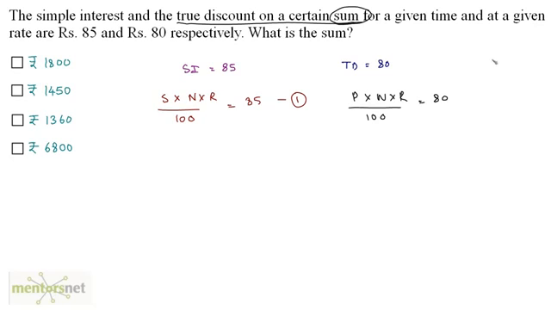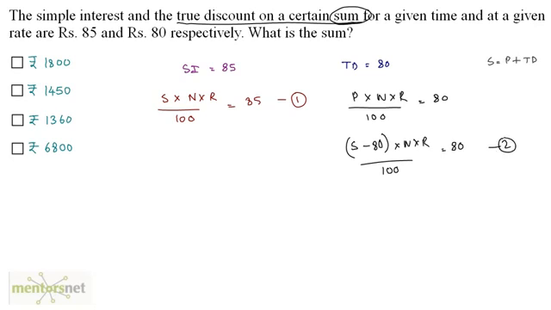But we know that the sum or the future amount is equal to principal plus the true discount, isn't it? So from this I can say that P is equal to the sum minus the true discount, which is 80. So (S minus 80) times N times R upon 100 is equal to 80. Let this be equation 2.